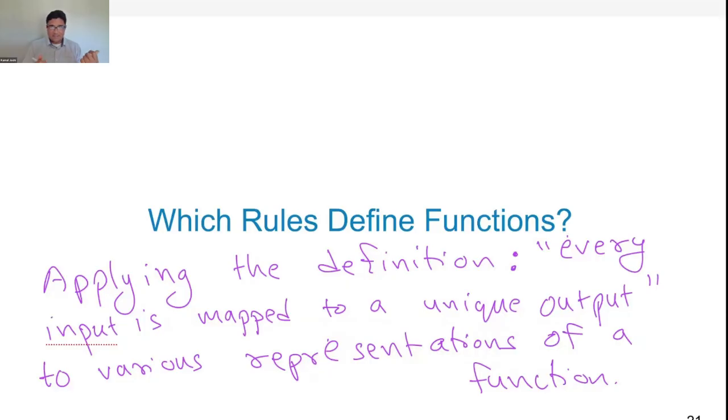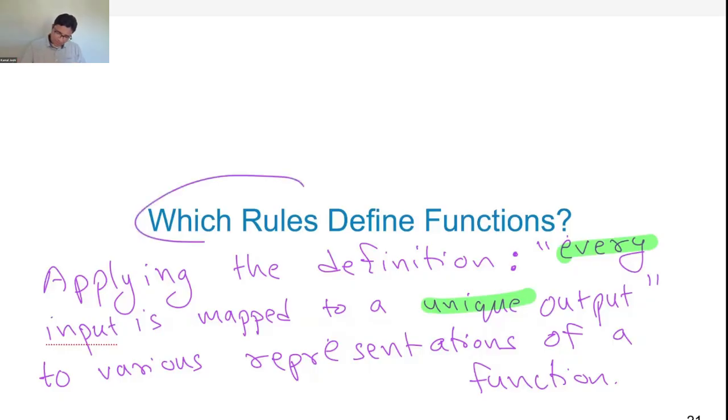Remember at the beginning we said this definition, right? And I had highlighted two words which are important: every and unique. So every input element must have a unique output. When that condition is satisfied, your relation or formula is a function, otherwise not.